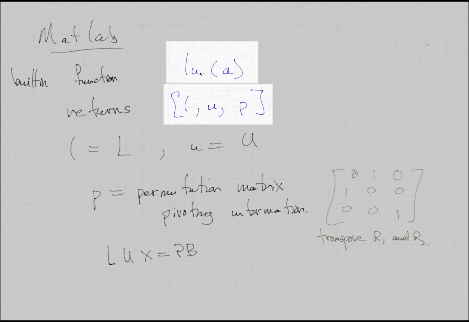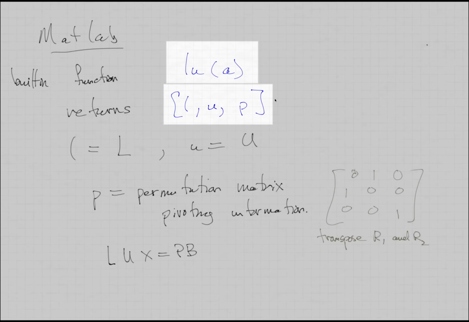So the LU function in MATLAB will also take that into account. It returns three elements: a lower triangular matrix L, an upper triangular matrix U, and a permutation matrix, which I'm calling P here, that represents the ways the rows had to be rearranged during the pivoting of the matrix.